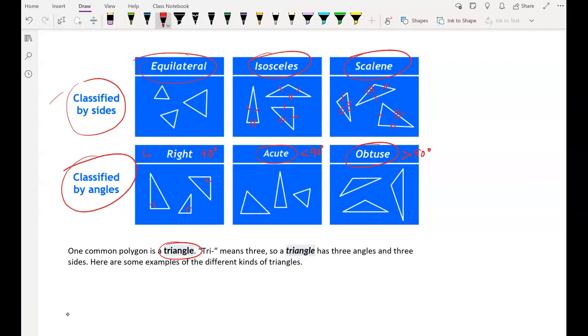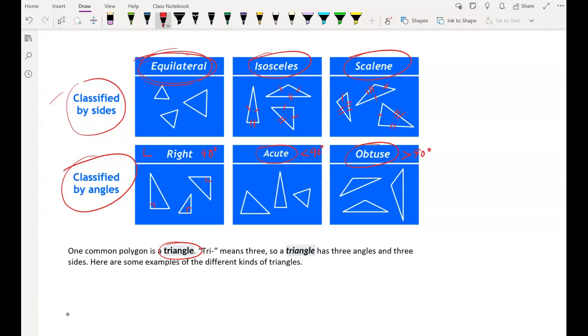You can't have an obtuse equilateral because it's impossible to have one angle more than 90 degrees and the other two less than, but call it equilateral. But you can have an obtuse isosceles, and you can have an obtuse scalene. So there are lots of different types, and triangles technically usually have a first and a last name.